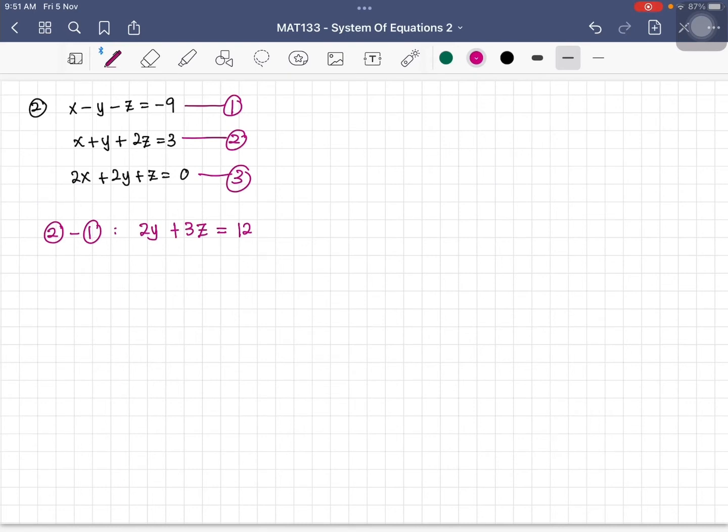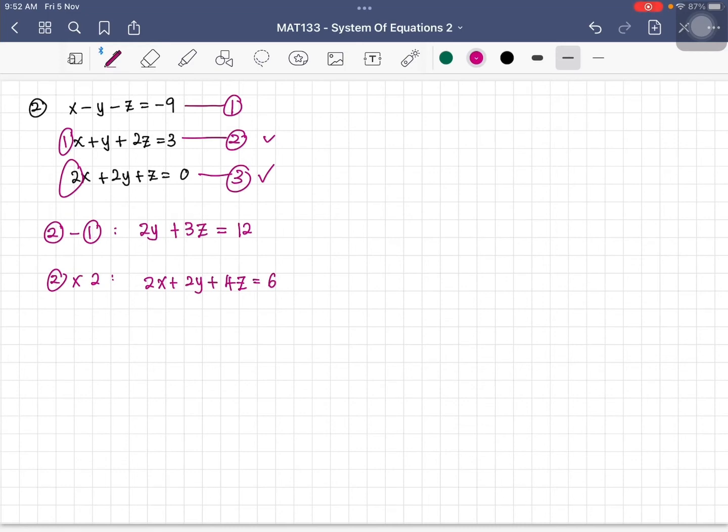To do that, we have to multiply first. Suppose I want to relate equation 3 and 2, but to eliminate x the coefficient should be the same. This is 2 and that is 1, but to make it the same, we have to multiply the second equation by 2, so that we have 2x plus 2y plus 4z equal to 6.